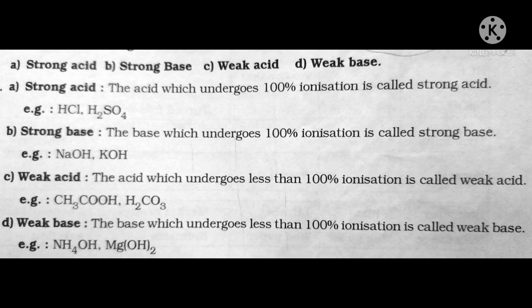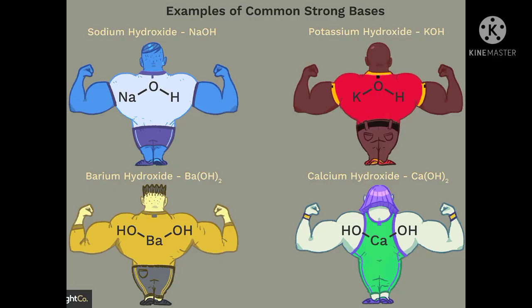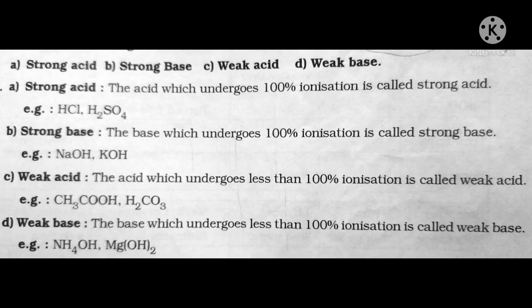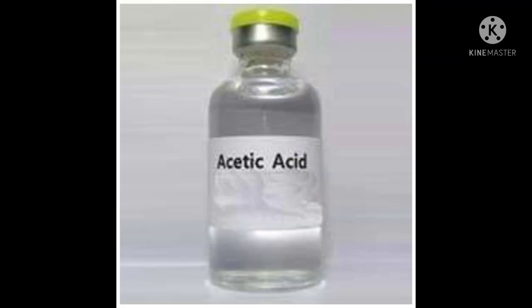And second one is strong base. The base which undergoes 100% ionization is called strong base. Example, NaOH, KOH. Third one is weak acid. The acid which undergoes less than 100% ionization is called weak acid. Example, CH3COOH and H2CO3.